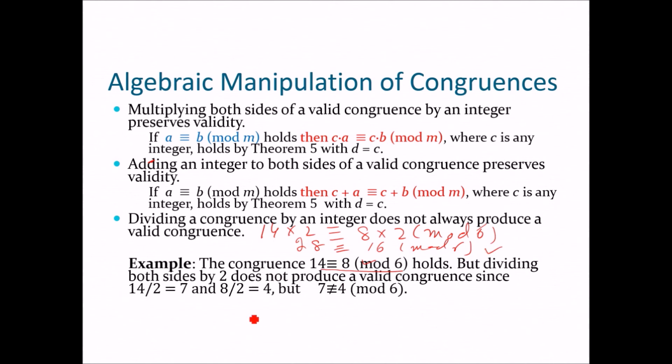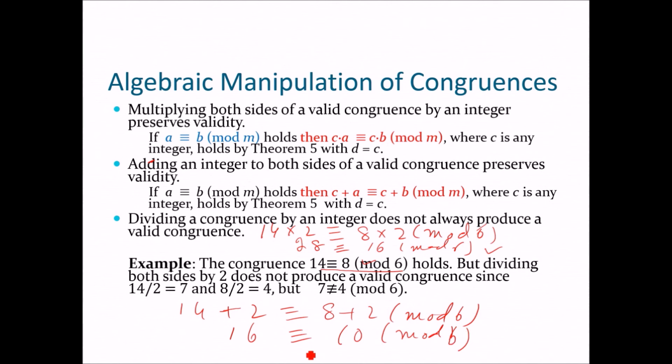Now if we add 2 to both sides, we have 14 plus 2 is congruent to 8 plus 2 mod 6. Now 14 plus 2 is 16 and 8 plus 2 is 10. This is a valid congruence relation because 16 minus 10 is 6 and 6 divides 6.